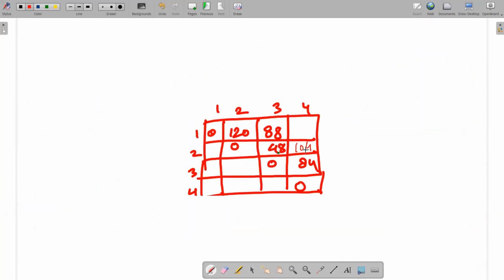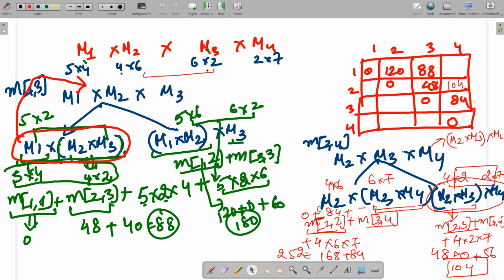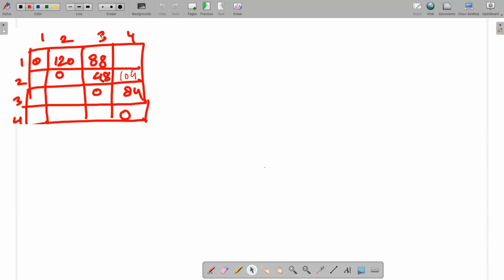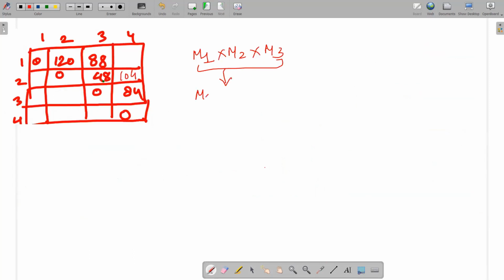So if I have to solve this entire scenario, this is what we have got so far, and we have to get the previous result. So M1, M2, and M3 gives the answer with M1 multiplied with M2 and M3. This answer is calculated where your M1 is taken separately.